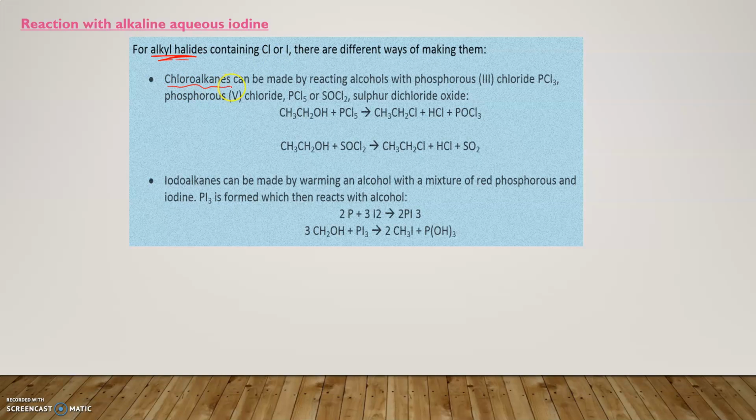For chloroalkanes, the reaction has to be made by reacting alcohols with phosphorus trichloride, PCl3, or you can use PCl5, phosphorus pentachloride, or you can use sulfur dichloride oxide, SOCl2.